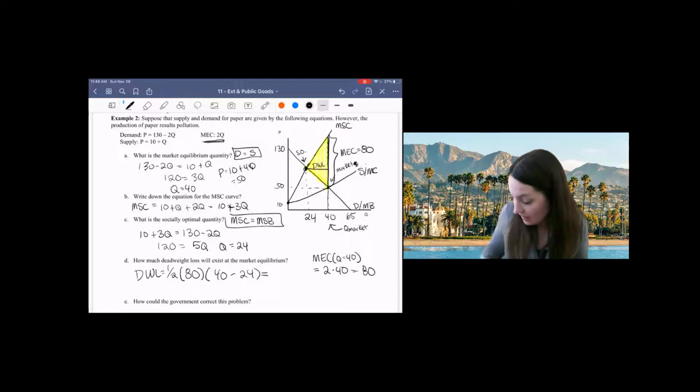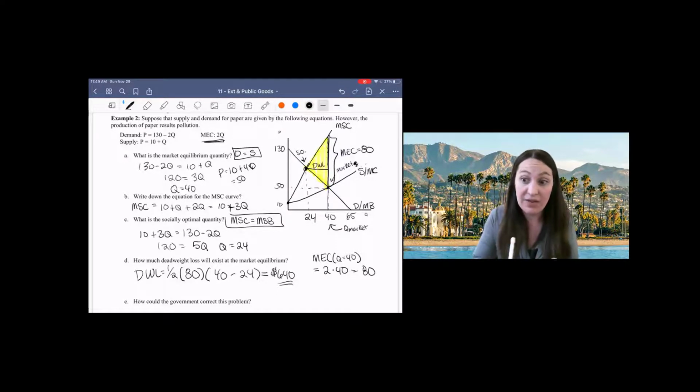And that will give me 640. So that's my deadweight loss from the uncorrected negative externality. So total surplus is $640 lower at the market equilibrium than at the socially optimal quantity of 24.